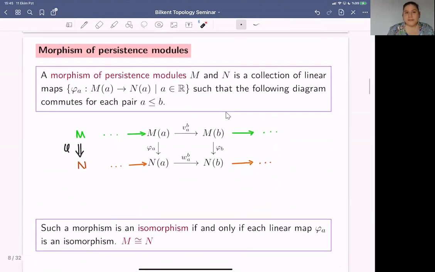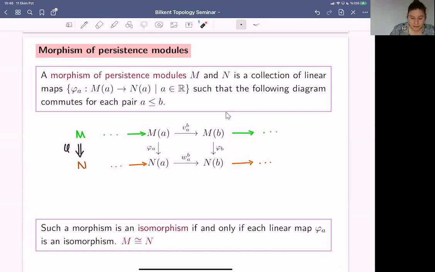So now let's say we have two persistence modules, and let me define a morphism between persistence modules. Again, we have two persistence modules, let's say M and N, on the real line. In this case, a morphism between M and N is a natural transformation phi.